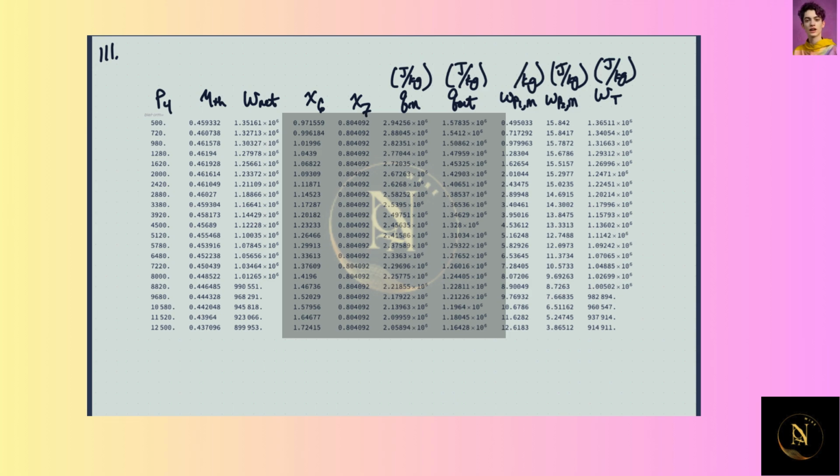Kilojoules, if I can squeeze that in there. All right, so what happens here? As the bleed pressure goes up, you can see the efficiency goes up a little bit, up a little more, and then it starts to drop. Net power basically just continues to decrease.